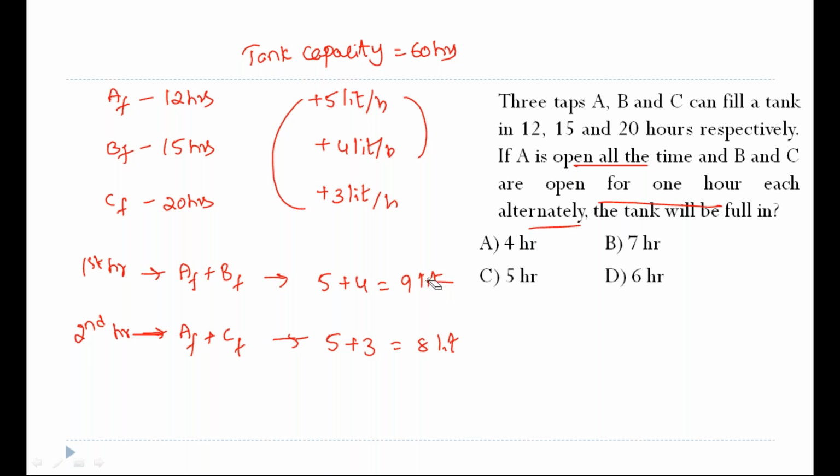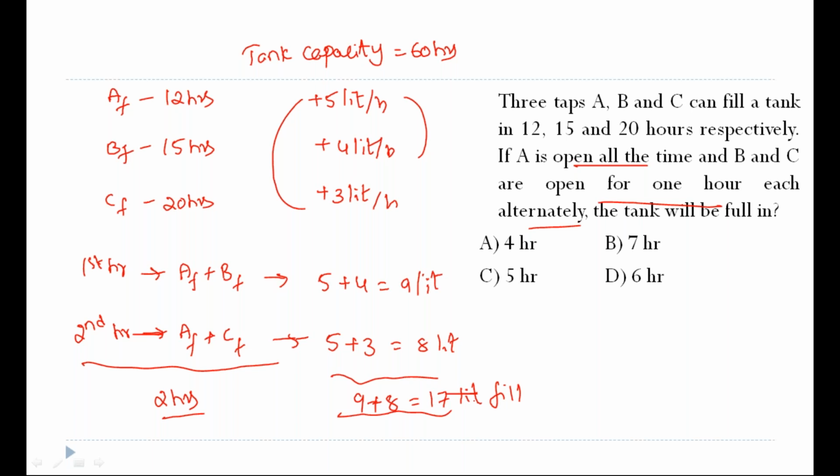Now in 2 hours, friends, next again same thing will repeat. Third hour A and B, fourth hour A and C will be available. Is it same thing will repeat now? Now let's see. Okay, how many hours completed? 2 hours completed. What has happened? 9 plus 8, 17 liters filled. 17 liters filled. Okay, 2 hours, 17 liters are filled.